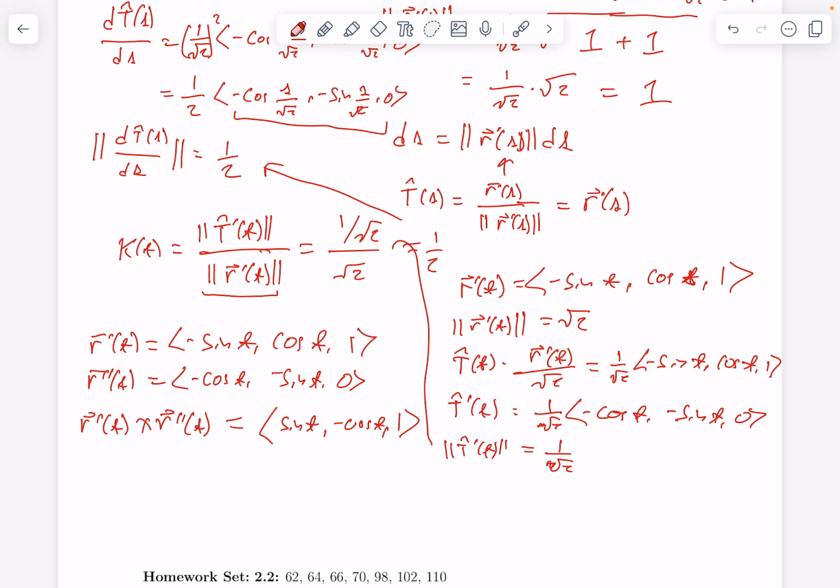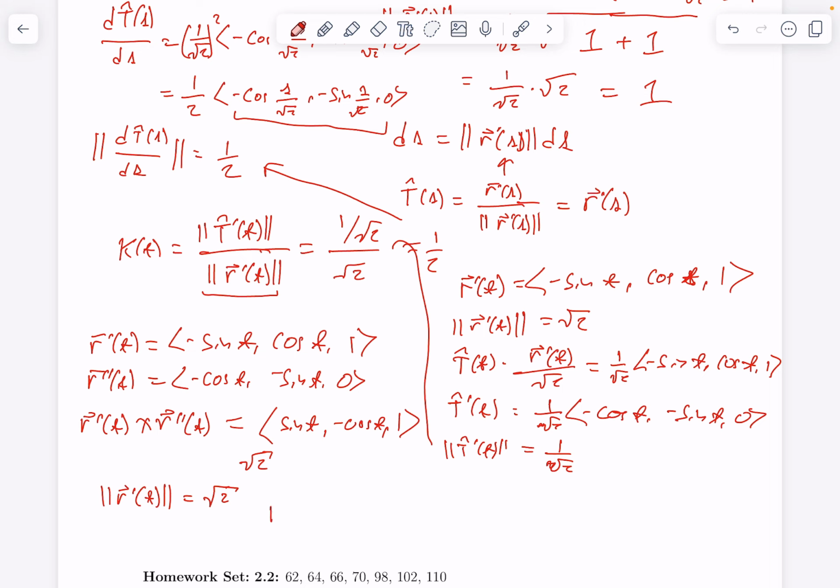Then what I need to do is take the magnitude of that, which is just going to be square root of 2. And then I take the magnitude of my derivative vector, which I already know, that's square root 2.